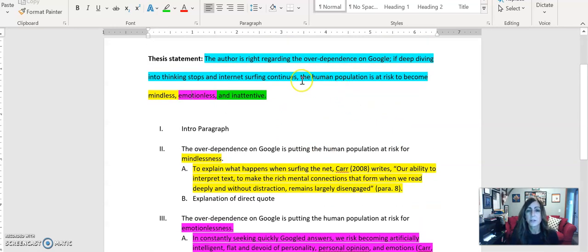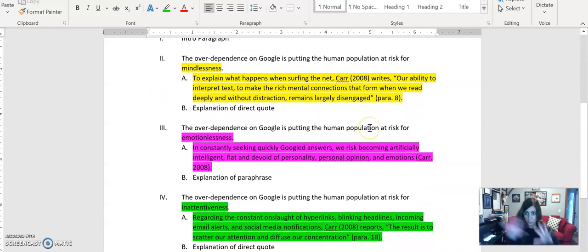In this case, I'm going to argue that the human population is at risk to become emotionless. So I go back, I look through my research, I find something to support that idea, and I'm going to get it in my outline so I can easily transfer it over to my body paragraph. My topic sentence will focus on how the overdependence on Google is putting the human population at risk for emotionlessness.